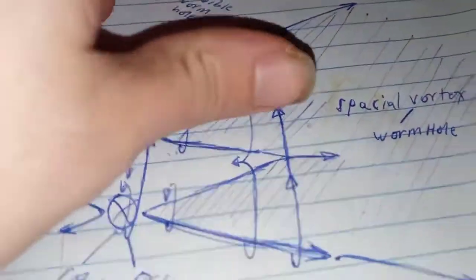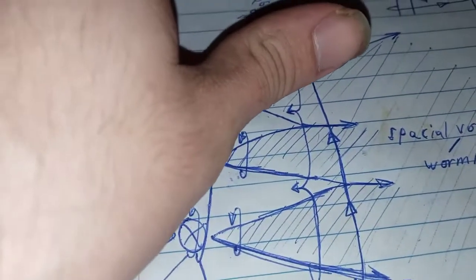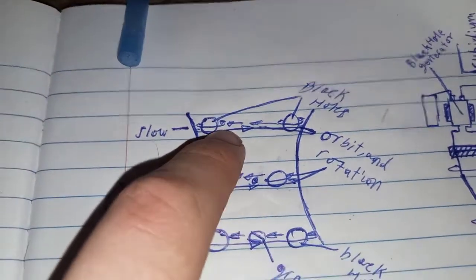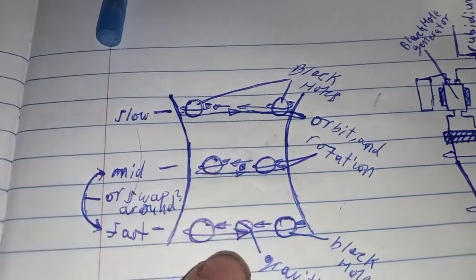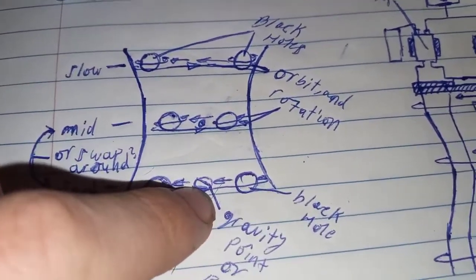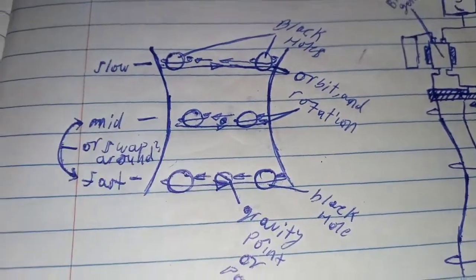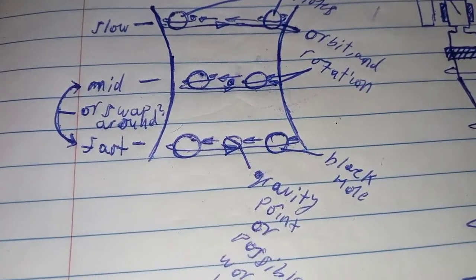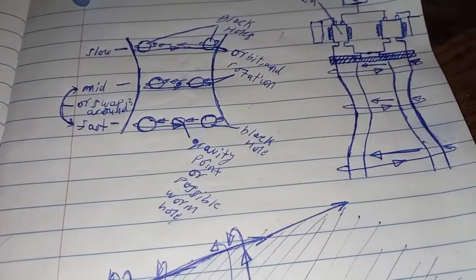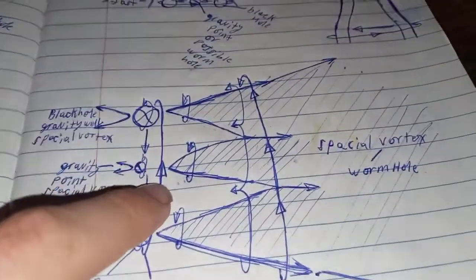Now, why try and do it like this, though? Where you would pretty much start from here, then go from here to here. Well, to create that gravitational point there. If you don't create a gravitational point for the black holes to rotate around, like orbit around, then you won't be able to create your wormhole.